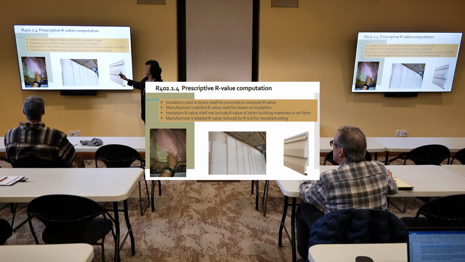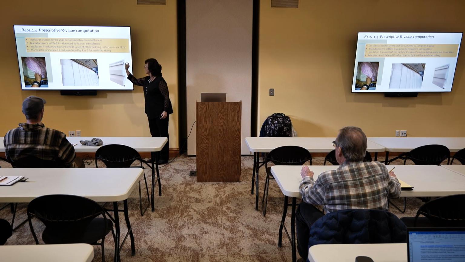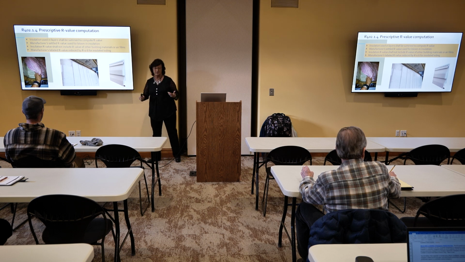But here's what I want to point out in 402, under the specific insulation requirements, because insulated siding got brought in as a continuous insulation, like you could see, the level of insulation changes. The install is not 100% airtight. There's going to be air movement.